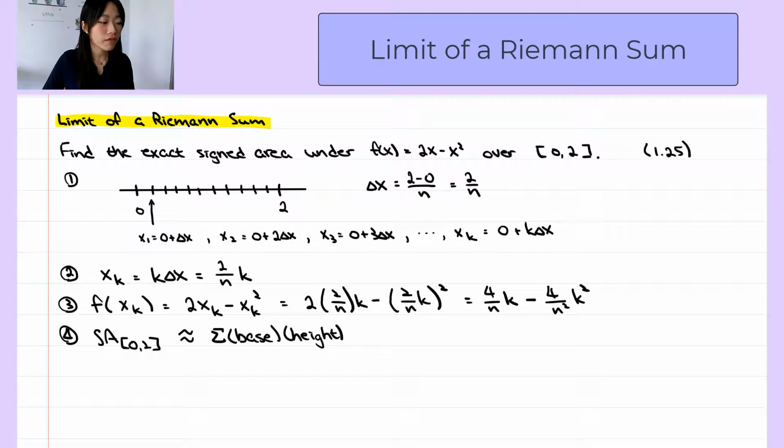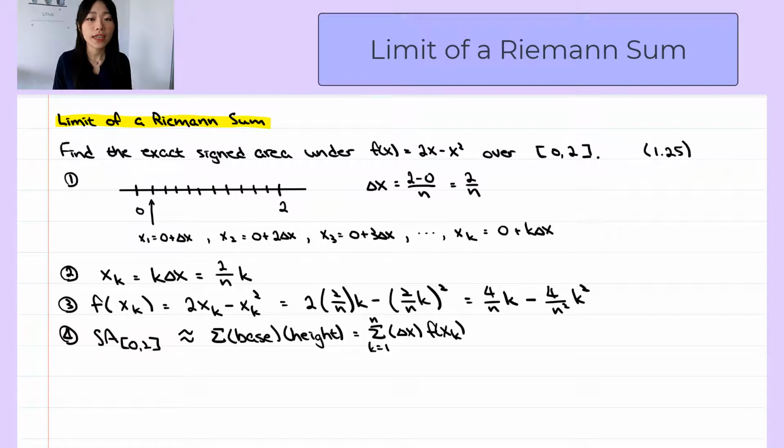Using the terms we have here, it equals the sum of delta x times the height, which is f of xk, and the index starts from 1 to n.